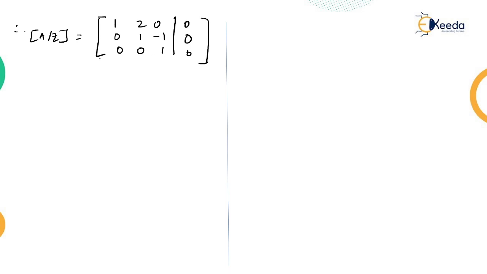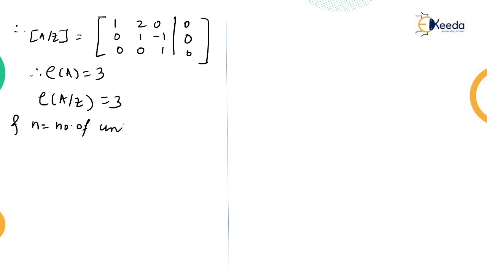Observe the matrix, guys: the number of non-zero rows is 3, so the rank of matrix A is equal to 3, and the rank of augmented matrix AZ is also 3. The number of unknowns n is also 3. So the rank of A equals the rank of AZ, which equals n, which is 3.